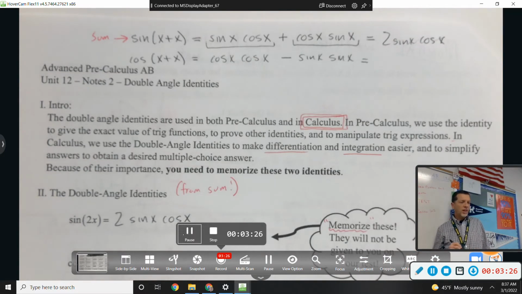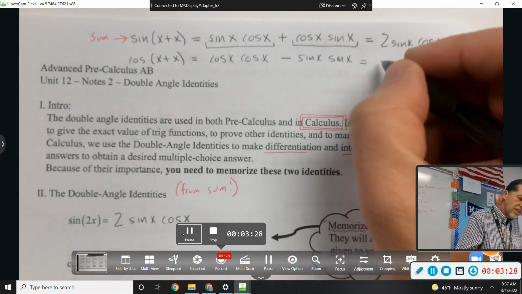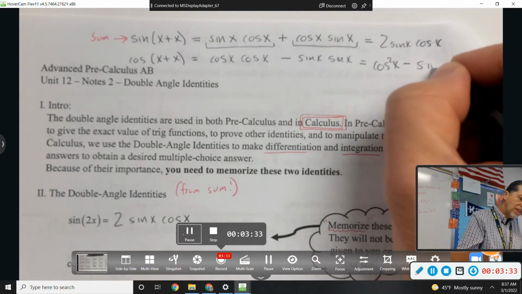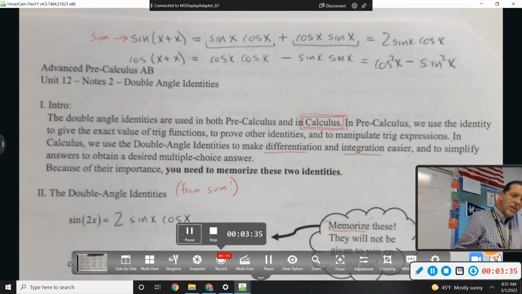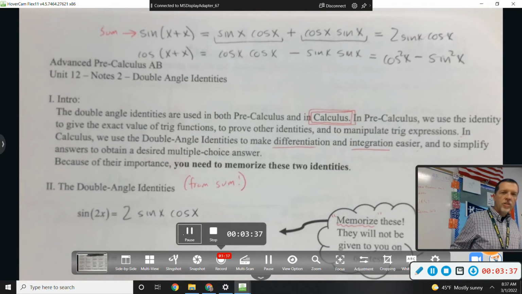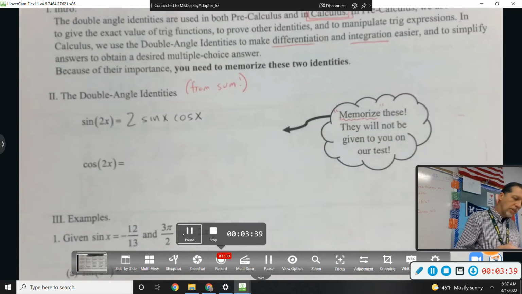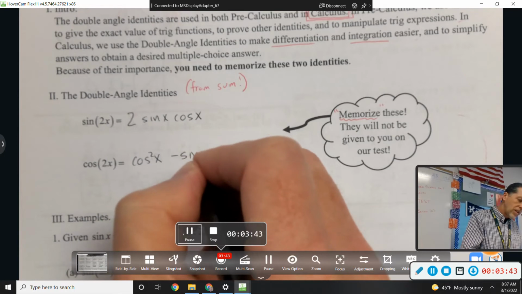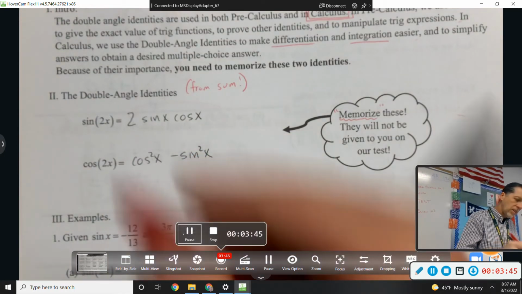So what's cosine times cosine? Cosine squared. Sine times sine is sine squared. So there's your double angle cosine formula. Cosine squared minus sine squared.